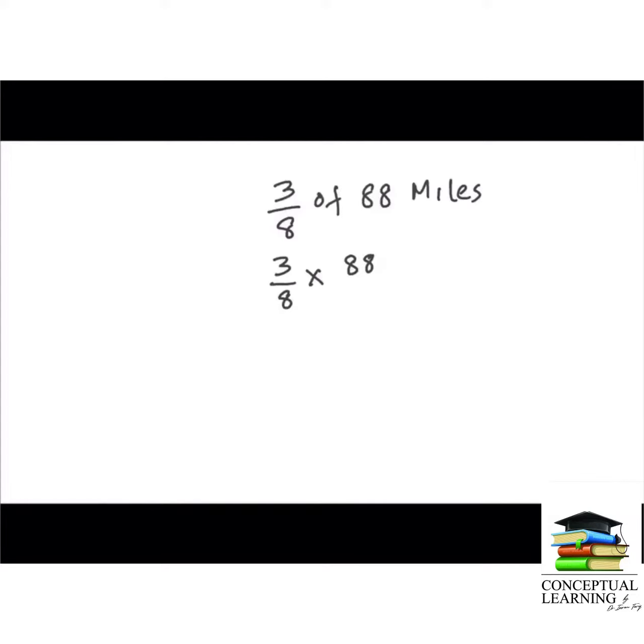Then we can see 3 eighths is in a fraction, but 88 is not in a fraction. We have to convert 88 into a fraction, and we write 88, draw a line and then write 1. And then the next job is to change the position of either the numerator or denominator. So we can change the position of the denominator. So 3 over 1 times 88 over 8.